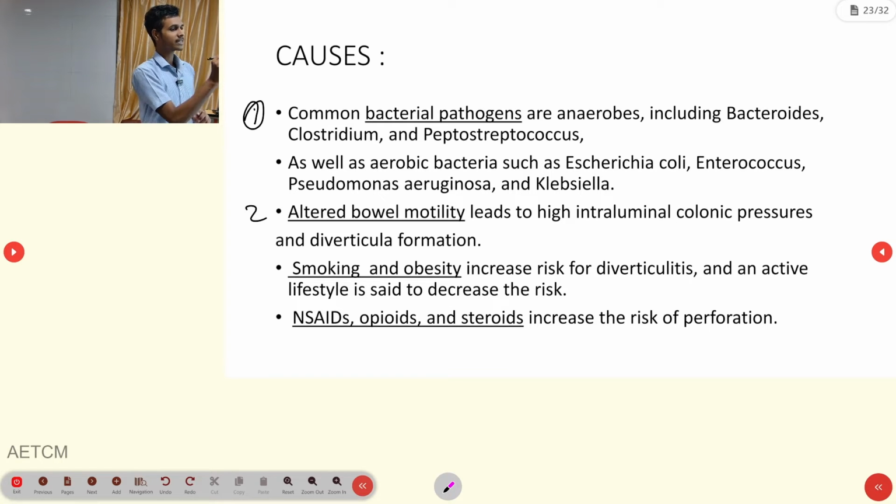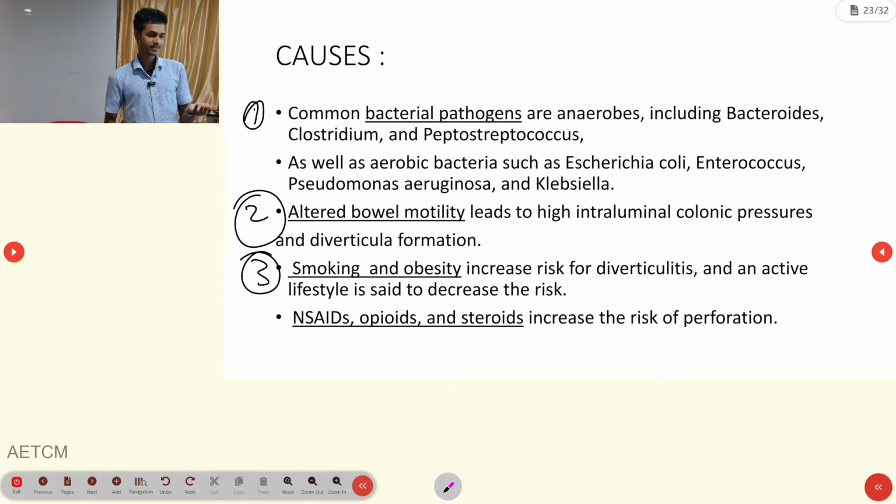The second cause is altered bowel motility. Any intestinal obstruction, because of intraluminal or extraluminal causes or intussusception, will alter bowel motility, thereby weakening the wall or increasing the intraluminal pressure, so a diverticulum can occur. The third is behavioral: smoking history increases the risk of diverticulitis.